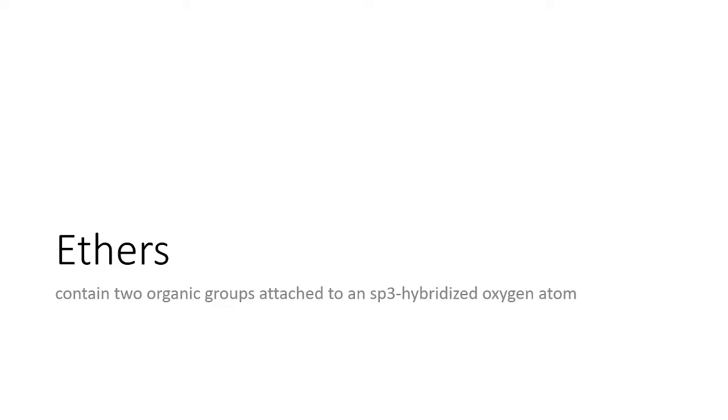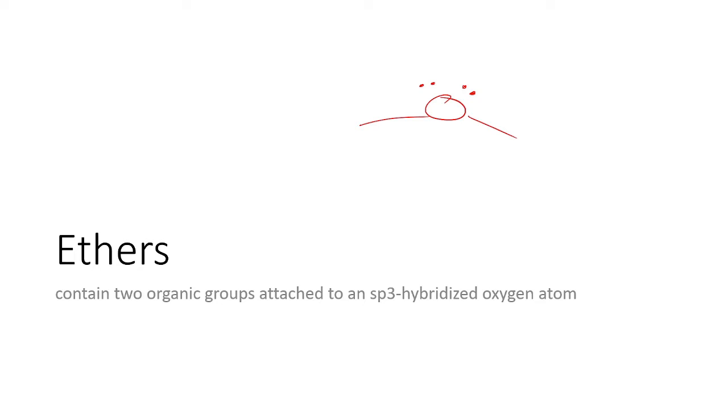Ethers are organic compounds wherein we have two organic groups attached to an sp3 hybridized oxygen atom. If we recall, an oxygen atom can form two bonds, and with these two bonds and the two lone pairs, there are four bonding sites.